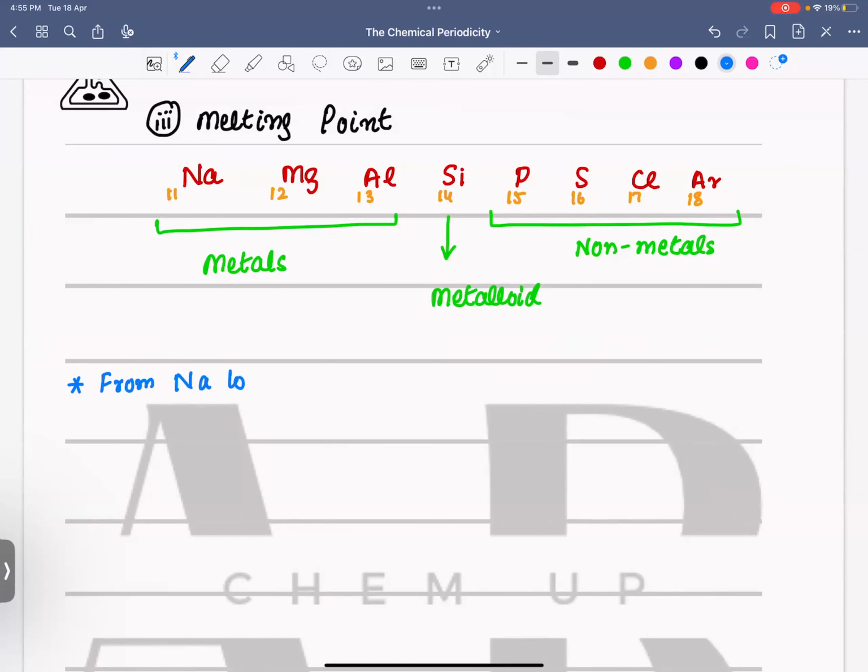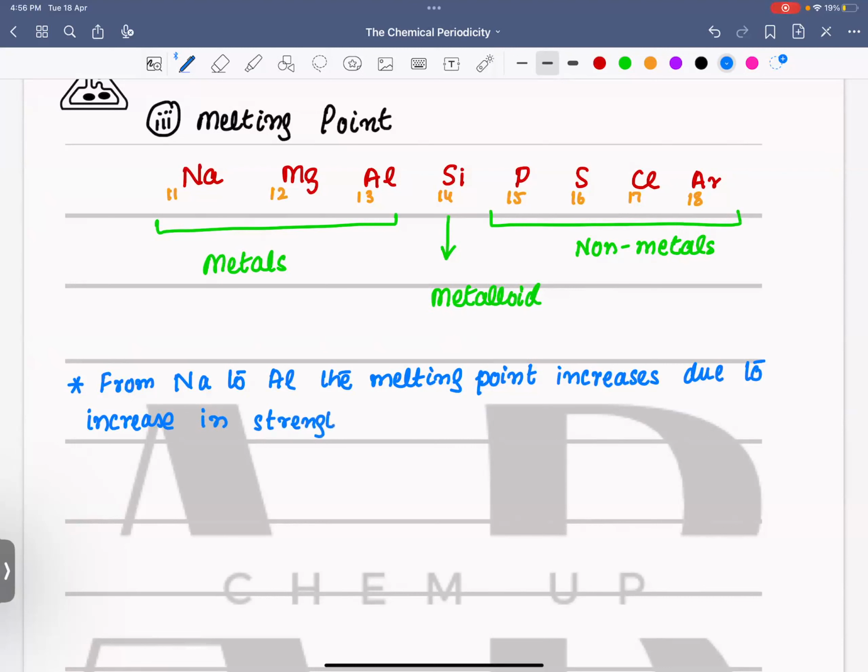So from sodium to aluminium, the melting point increases due to increase in strength of metallic bond, which means the metallic bond gets actually stronger.